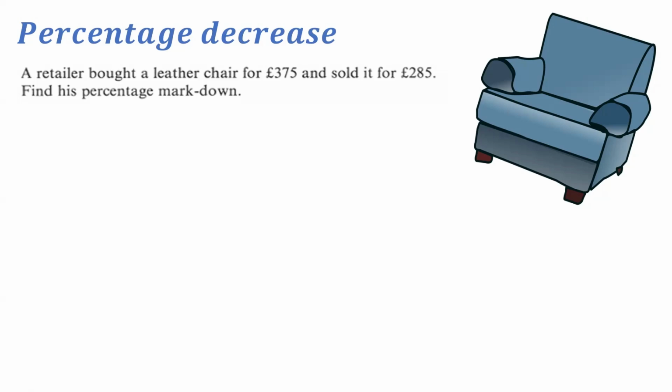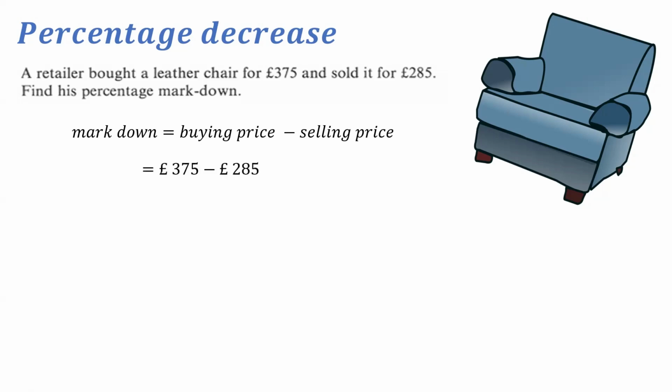So the amount is decreased. Now let's see how we are going to find the markdown. It's the same as the previous, but the term is different: markdown. Buying price minus the selling price. Buying price was £375 minus the selling price, which is 285. So we will get the answer as £90, which is the markdown.